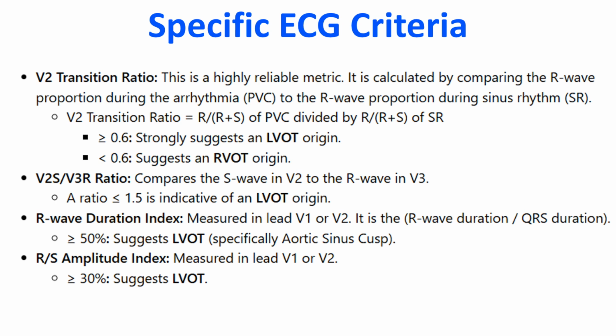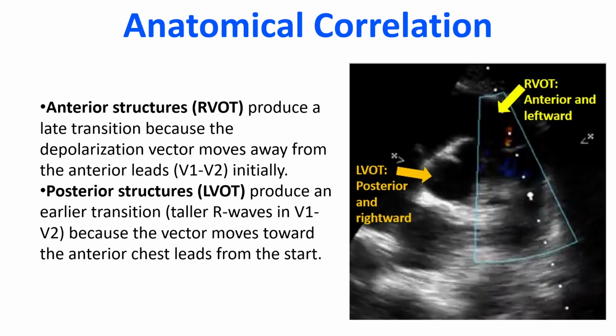Actually, there are several sites of origin within RVOT and LVOT with different ECG morphologies. Anatomical correlation. As mentioned earlier, RVOT is located anterior and leftward relative to the LVOT.